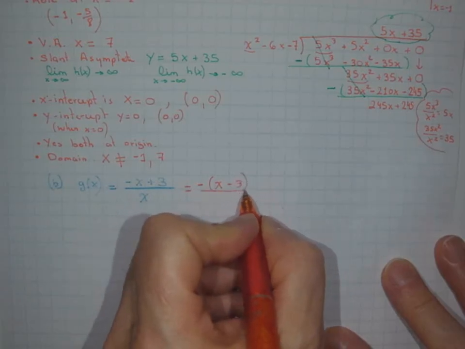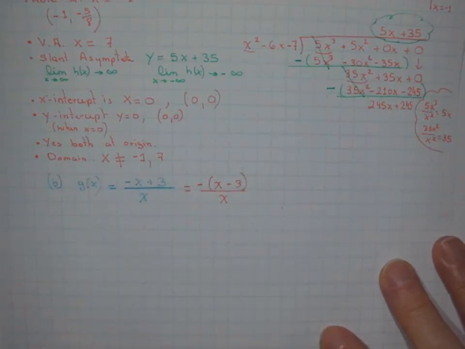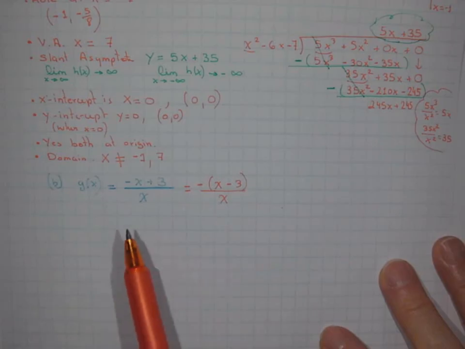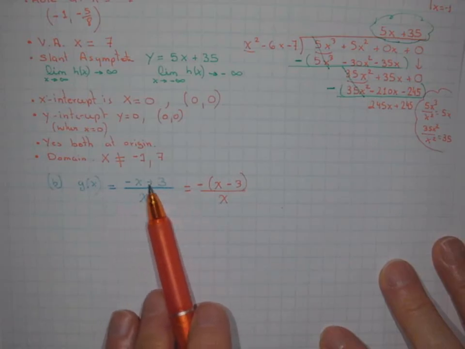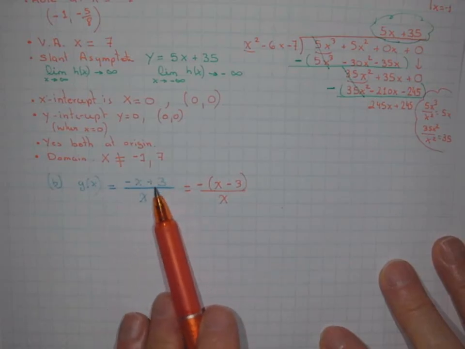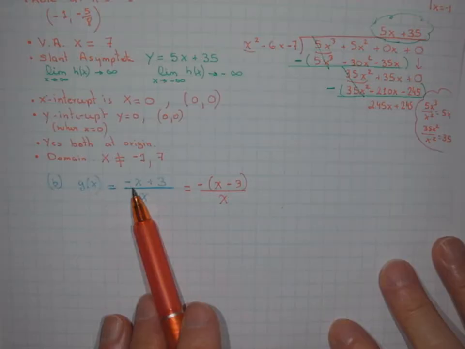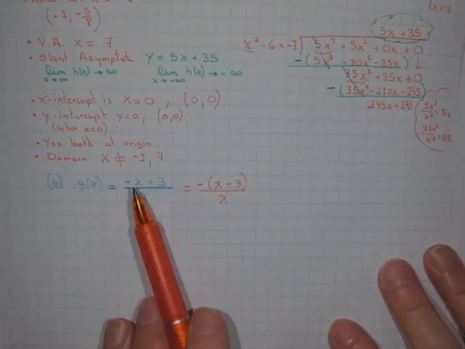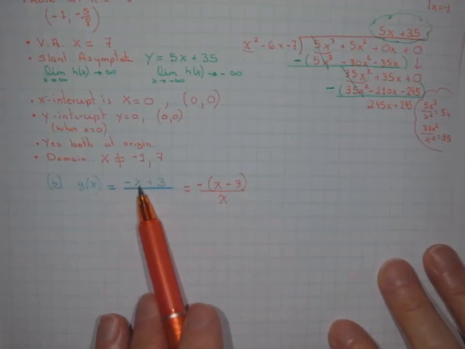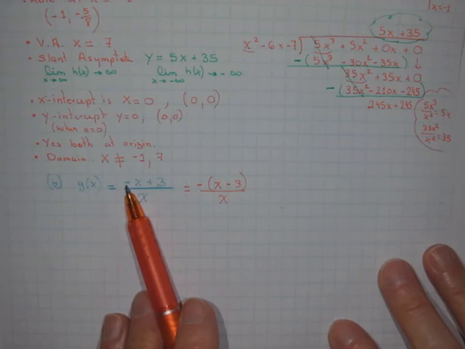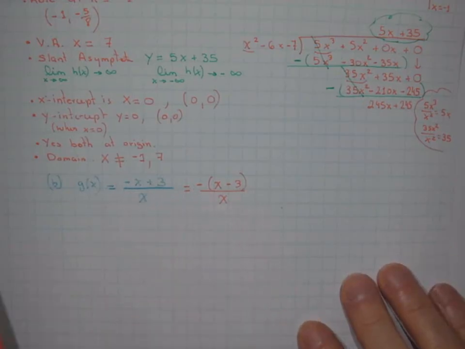This is going to be critical when we look for the x-intercept. Because when we look at that, we want to say it's negative 3, but it really is not. The x-intercept will be at 3. So it is critical that you do that. It's not just for the fun of it. It's actually very critical that if your leading term has a negative, then you need to factor out that negative, okay?